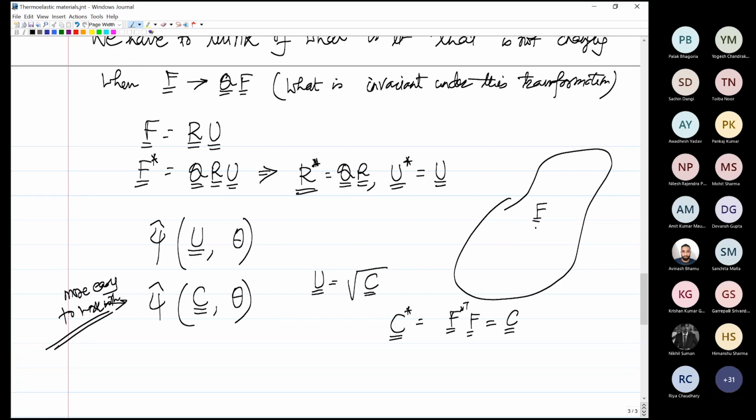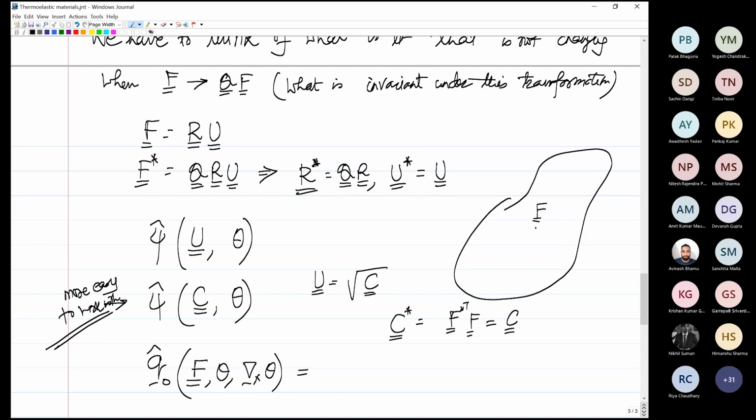Similarly, what do you think for the Q naught function, which had F, theta and grad X theta? And you know that this Q naught hat is a referential heat flux, isn't it? And how does Q naught transform?